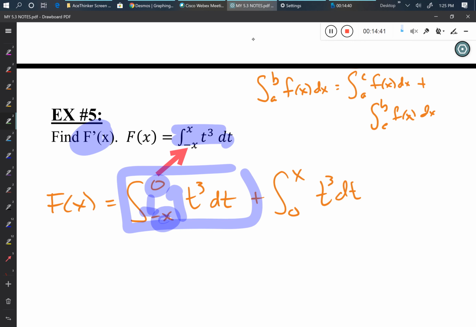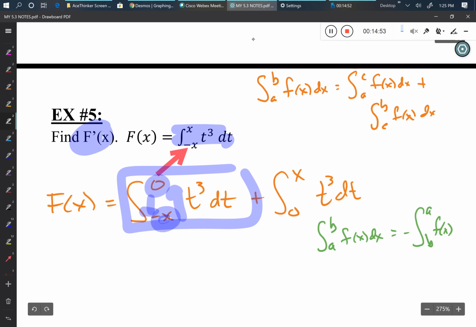Do you remember this property? That the integral from a to b is equal to the negative integral from b to a. So we can just flip the limits of integration by tossing in an extra negative sign.